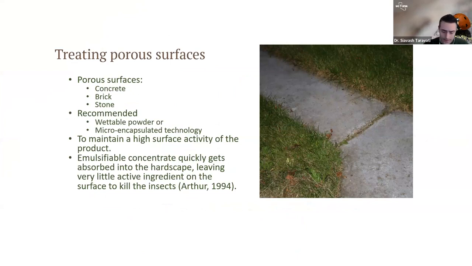I know that FMC has a proprietary formulation on that, but you don't want to use emulsifiable concentrate (EC) products unless they have this microencapsulated technology. Because if they don't, most of the material will get absorbed into the substrate, either concrete, brick or stone, and then the treatment is not going to be very effective.